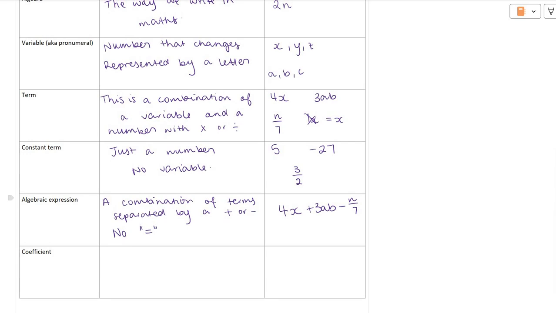Lastly, we've got a coefficient. This is the number out the front of a variable, okay? So there's the number in front of a variable. And just as a heads up, we do not write the number 1.